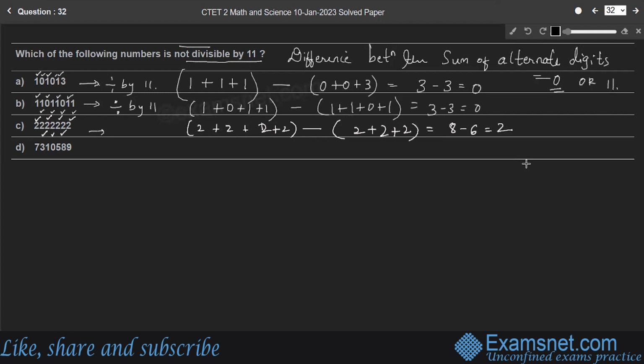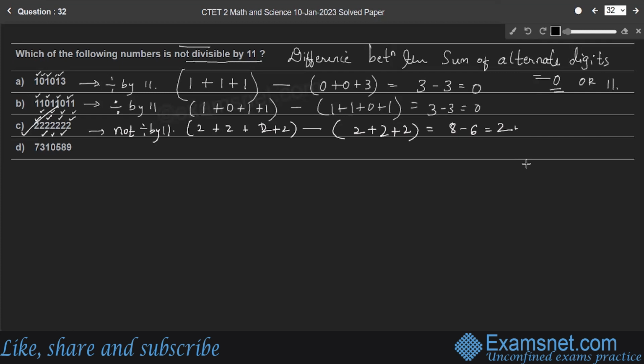So here the difference between the sum of the alternate digits is not equal to 0 or 11. It is equal to 2. Therefore, the third number is not divisible by 11. Hence, option C is the answer, right?